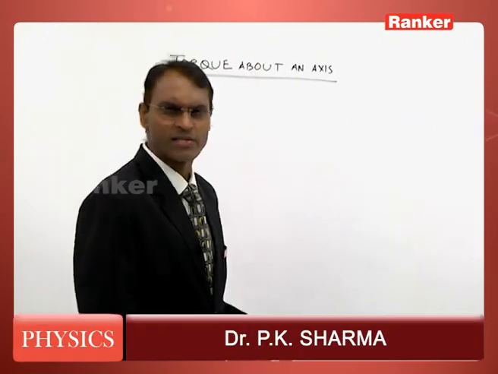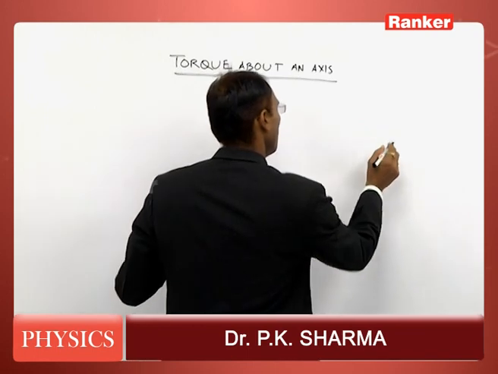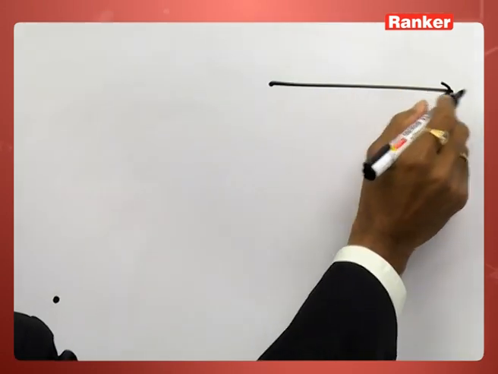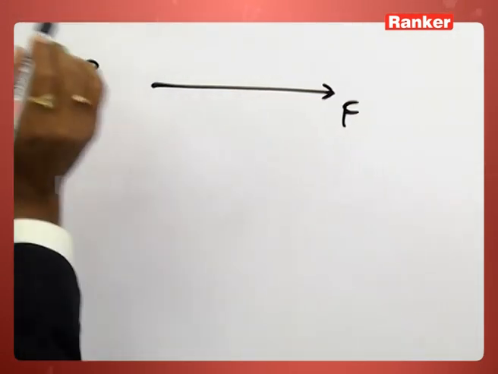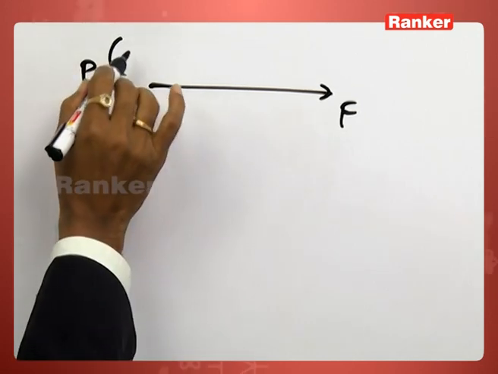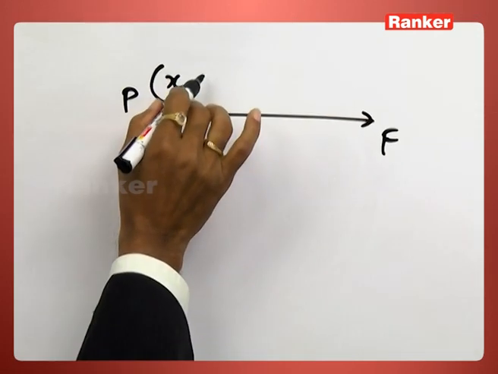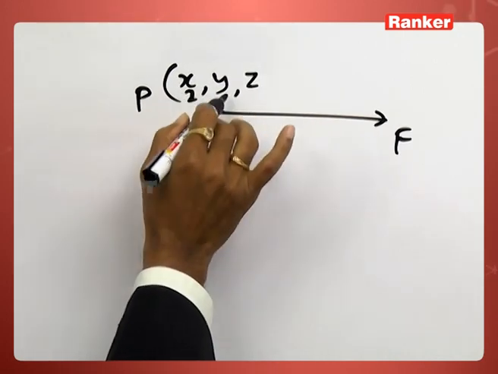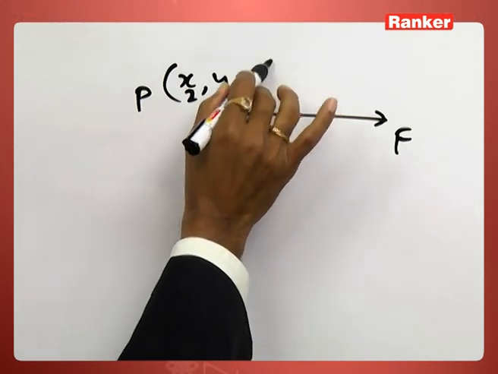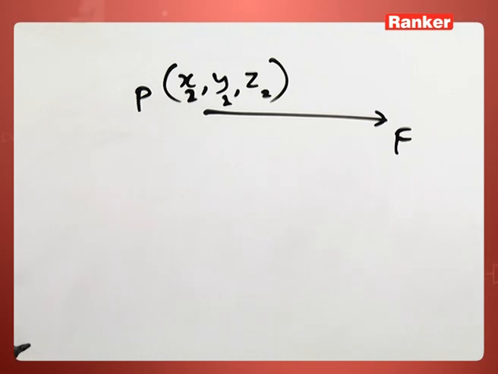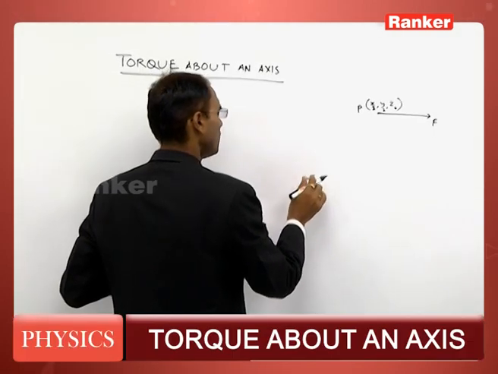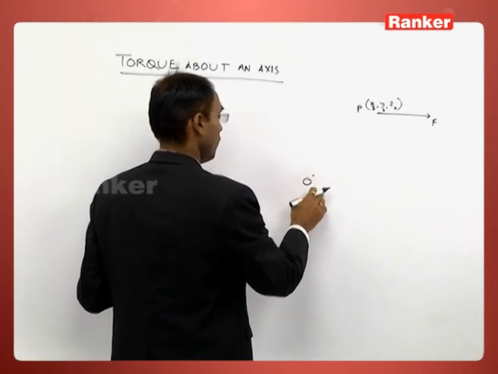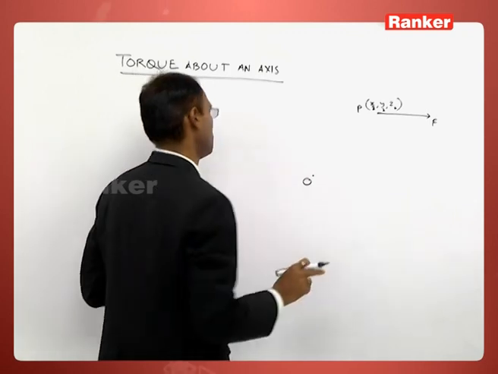Context is torque about an axis. When you calculate the torque of a force about a point P having the coordinates x2, y2 and z2, with respect to the reference point O, it may not be the origin for all times, because at origin we have the coordinates 0, 0, 0.